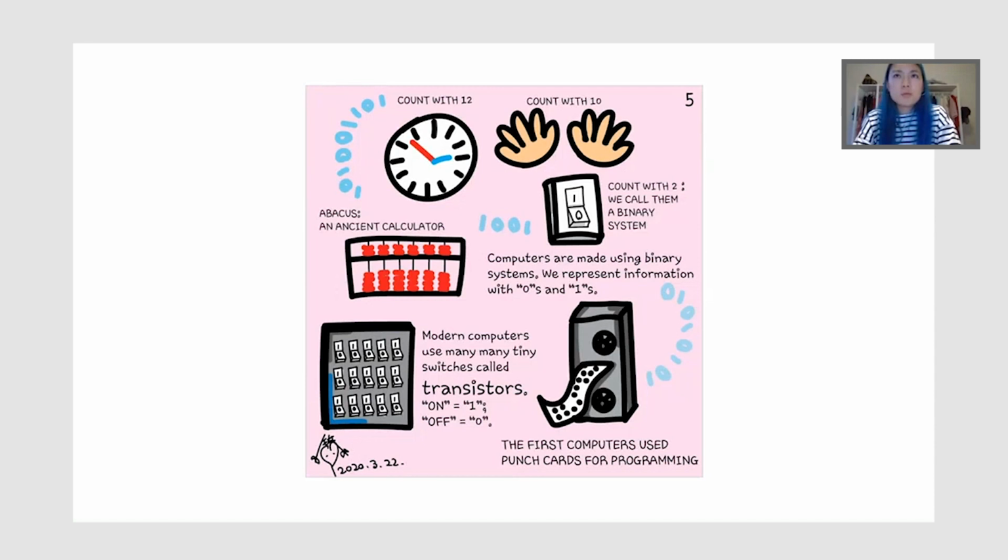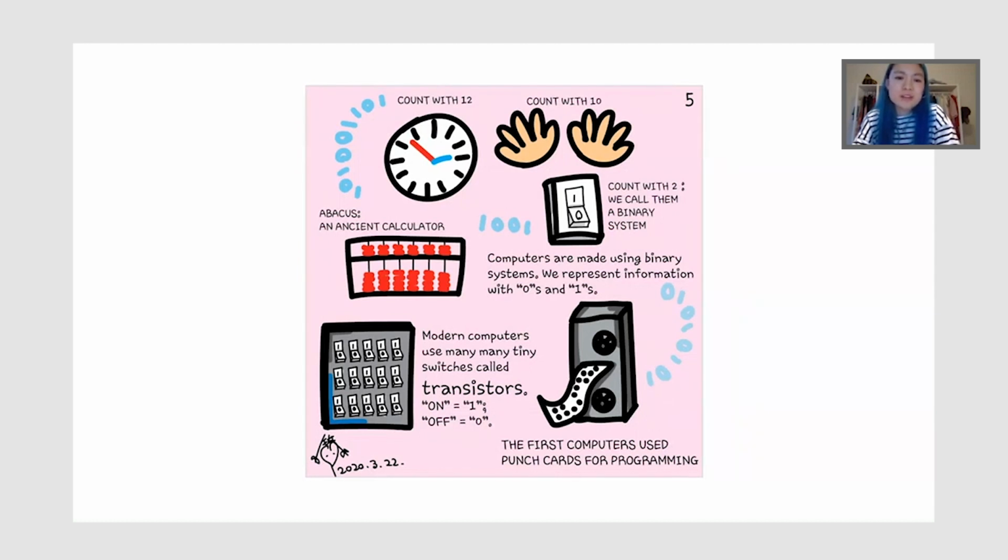So our current electronics are based on transistors, which use the zeros and ones as the information bits. And they are basically like small switches, and these are binary systems.